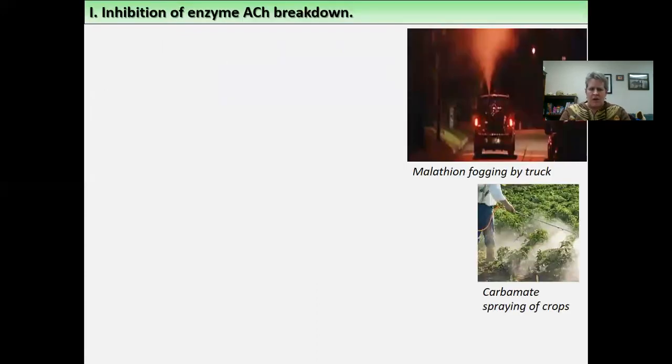So let's talk about what happens when acetylcholine is supposed to be broken down by acetylcholinesterase. Sometimes you can be exposed to something that prevents acetylcholine from being broken down by acetylcholinesterase. So it's an acetylcholinesterase inhibitor. And this is bad.